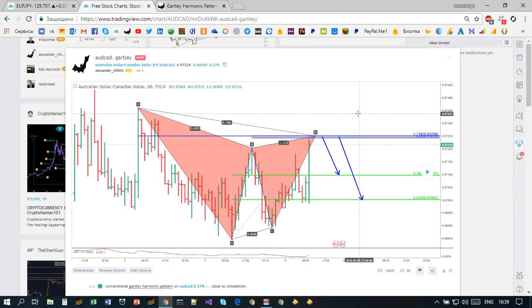You have a 70% bouncing probability, and you still have 30% of breaking it. If it is bouncing, then you trade it to the downside, and if it is breaking, then you trade it to the upside. Maybe it was my mistake to only put one arrow here. I should add additional arrows to the upside in case it works to the upside.